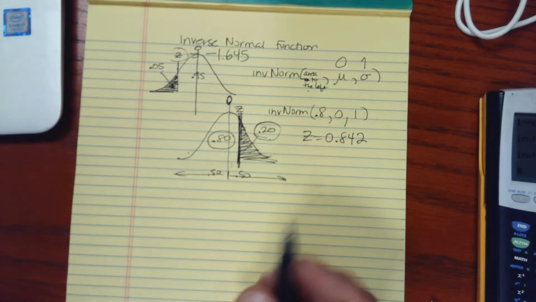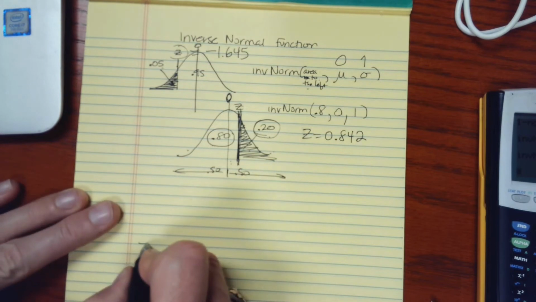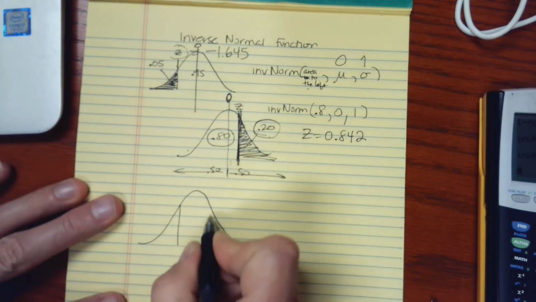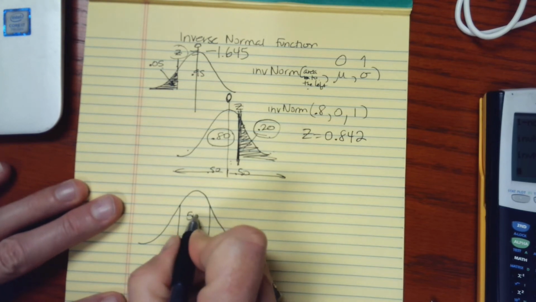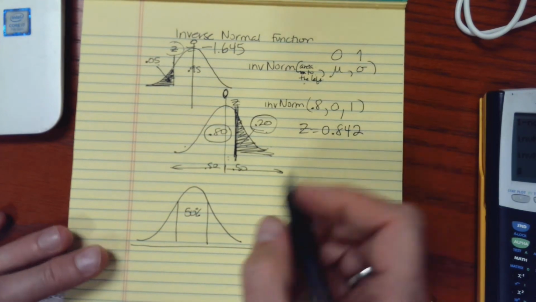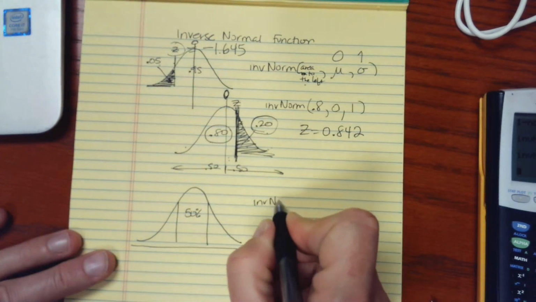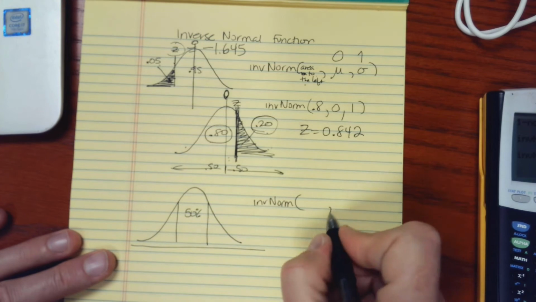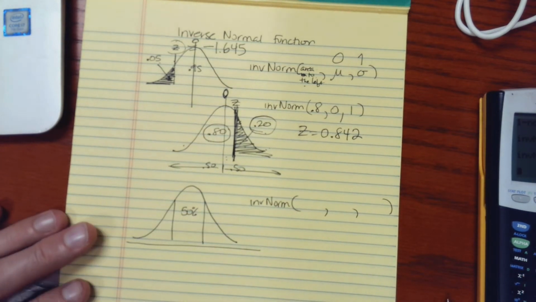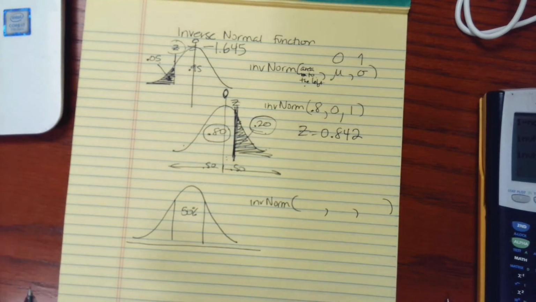What if we want to isolate maybe the middle 50%? The key here is to think, again, if I'm going to use the inverse norm function in my calculator, I want to find a dividing line in terms of area to the left.